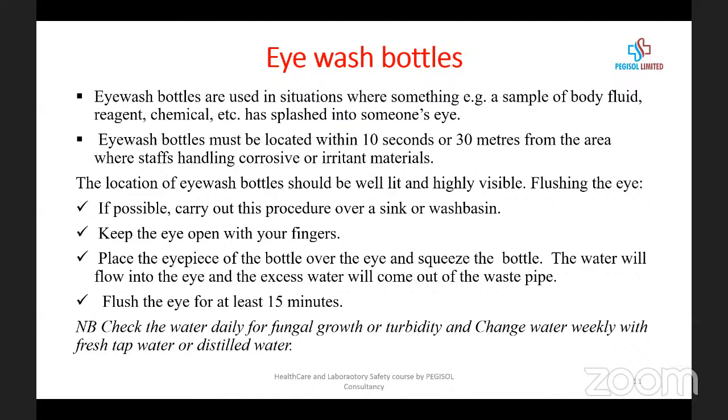Eye wash bottles must be located within 10 seconds or 30 meters from the area where staff handle corrosive or irritating materials. Your eye wash bottles or eye wash station must not be too far from where you are working with corrosive or irritant materials.